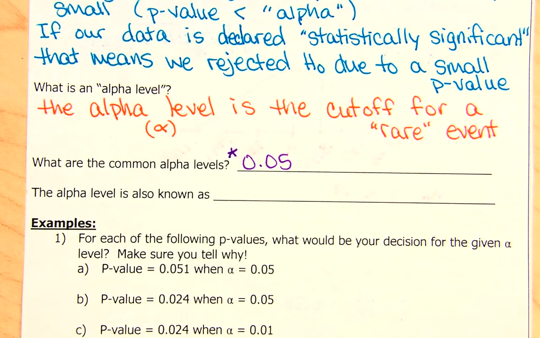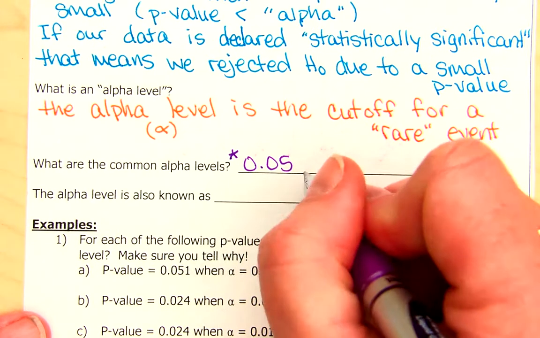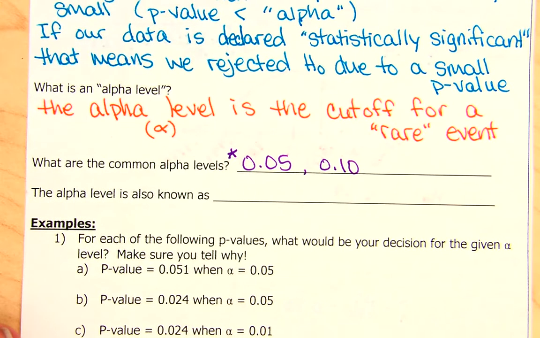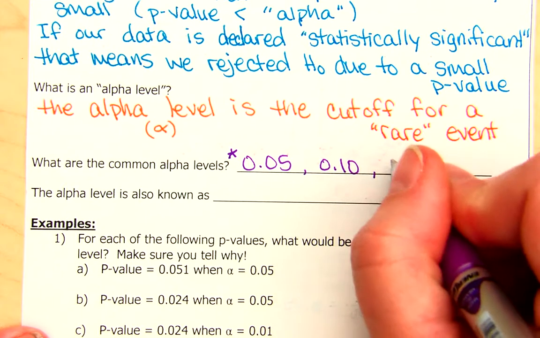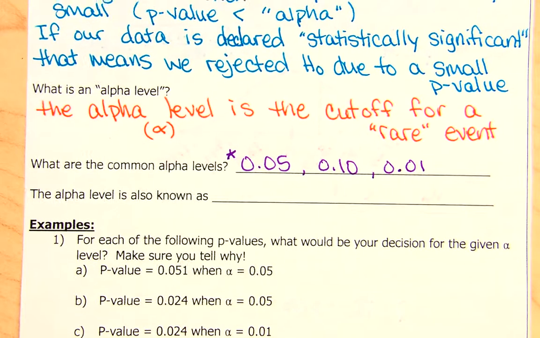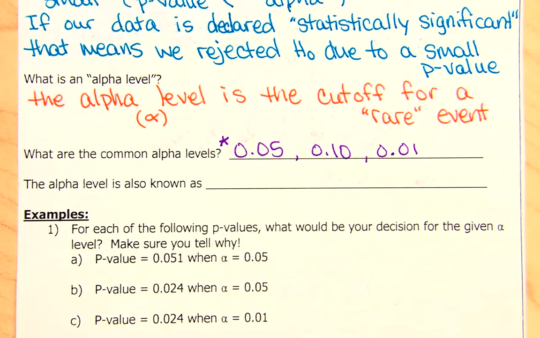Other ones that we use fairly often, probably the next most common is 10% or 0.1, or 0.01. Every once in a while, you'll see one at 2% or something like that, but that's pretty uncommon. These three are the most commonly used alpha levels.